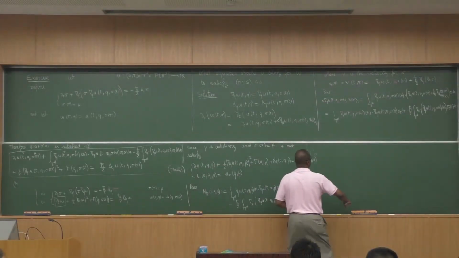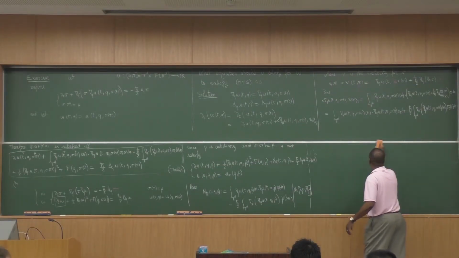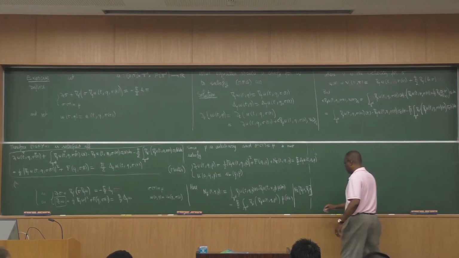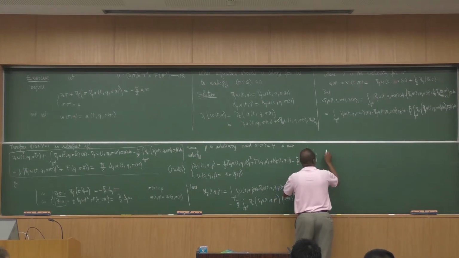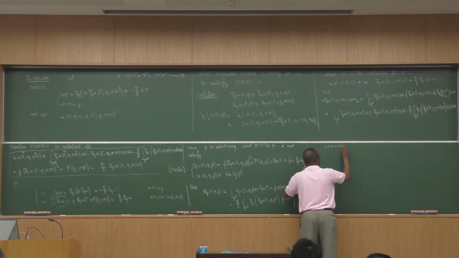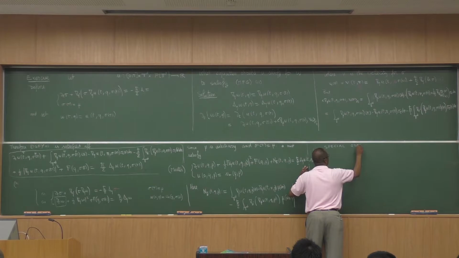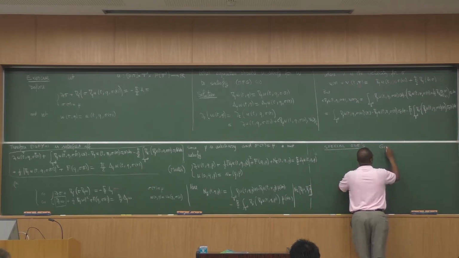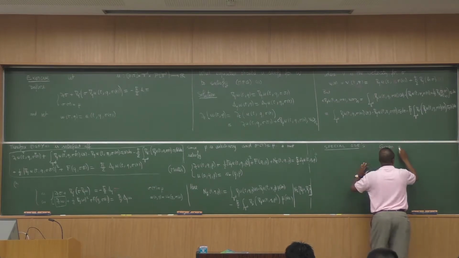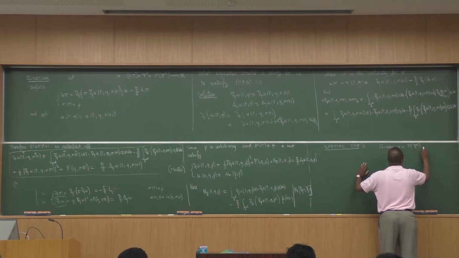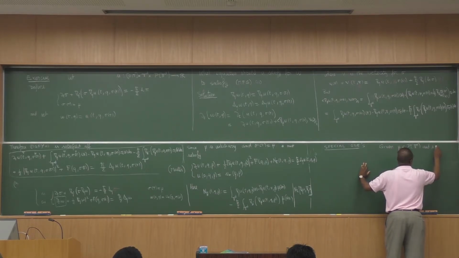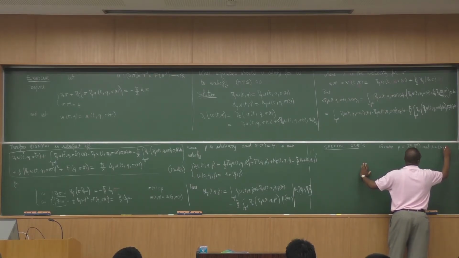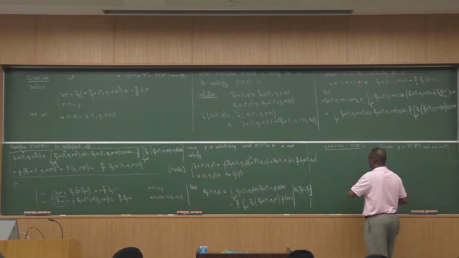So let me consider then a special ODE. Given mu in P of the torus and s in 0, t, solve.